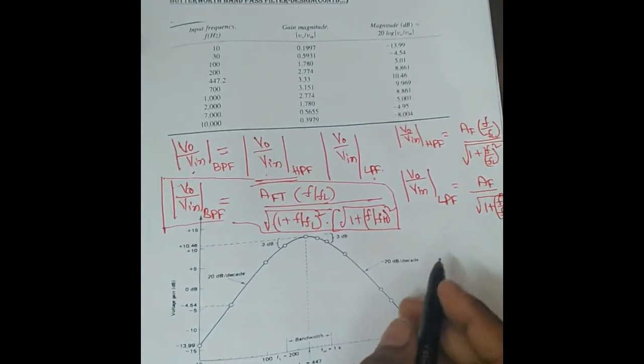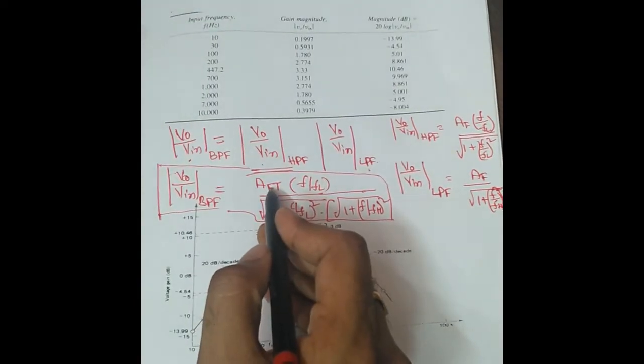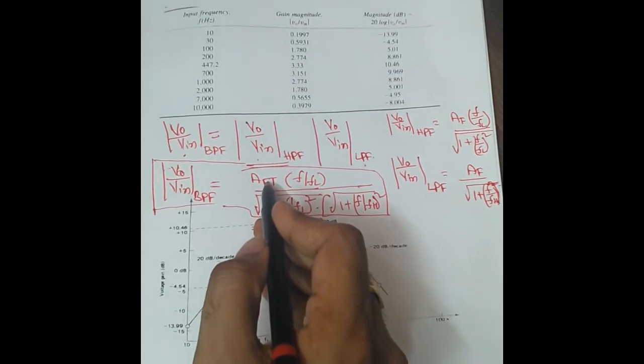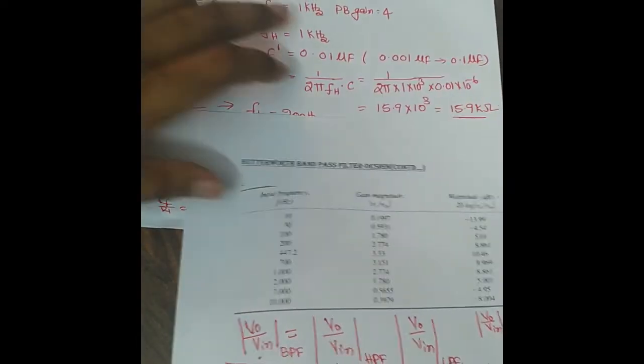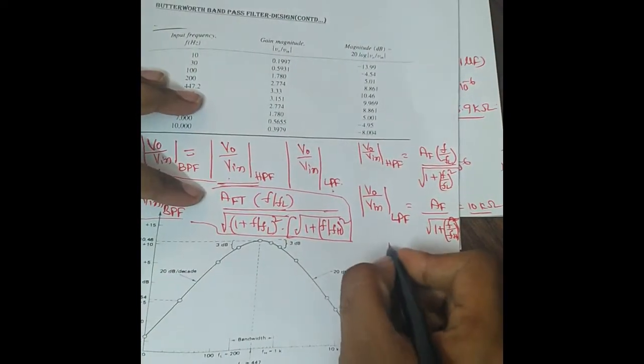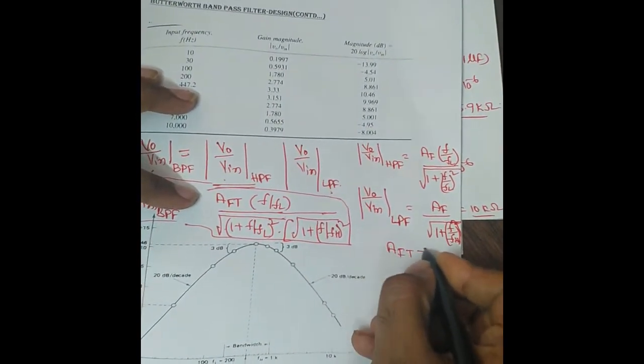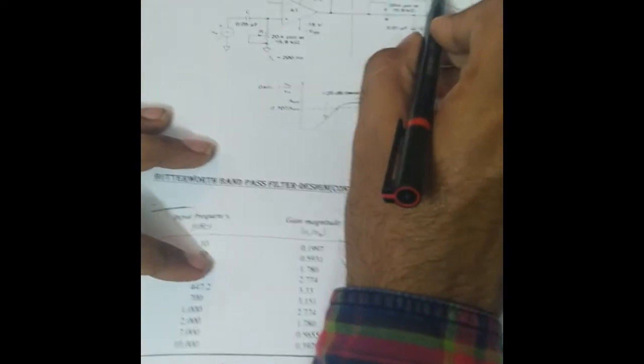Where AFT represents the total pass band gain, which we have selected as 4. That is 2 for the high pass filter section and 2 for the low pass filter section, so a total of 4.